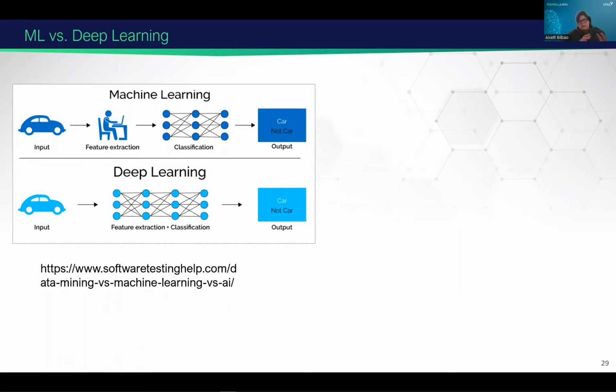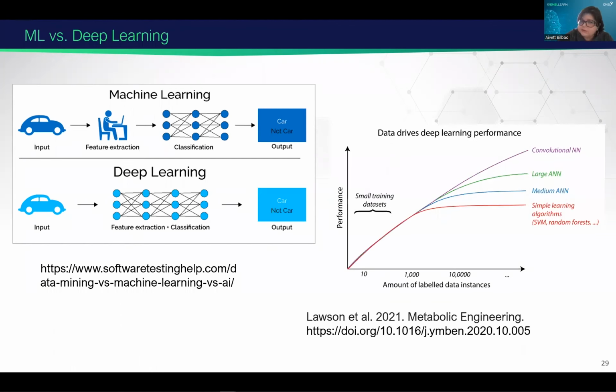So it's processing from the raw data directly. That's the advantage. It has been shown that with deep learning models, in this case convolutional neural networks, as we add more data the model is able to discriminate and learn better from the data. This is not the case for traditional machine learning models, which reach a plateau during the training.